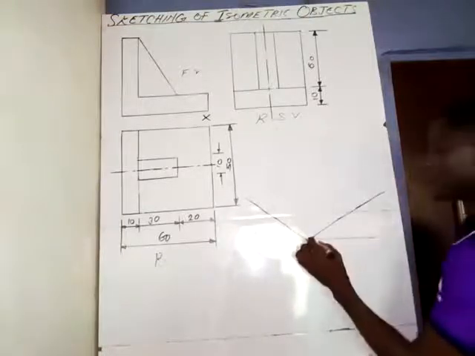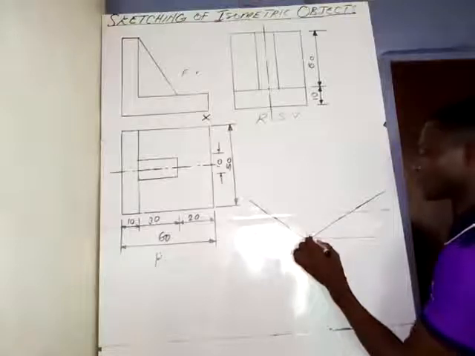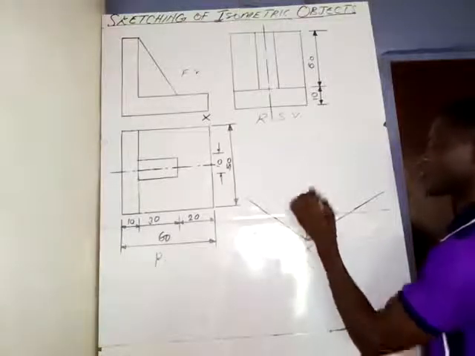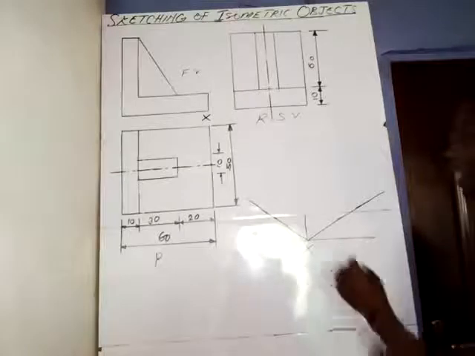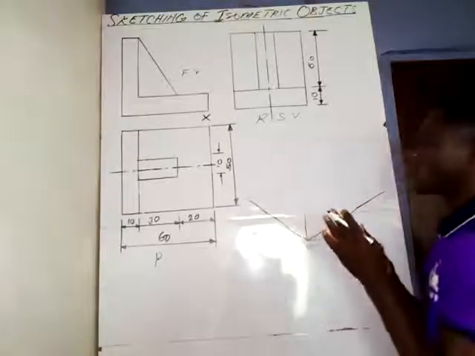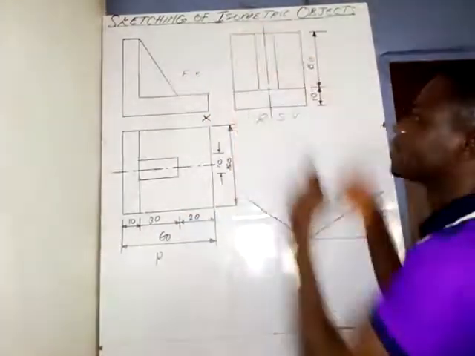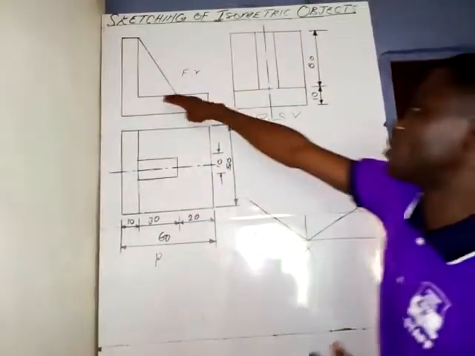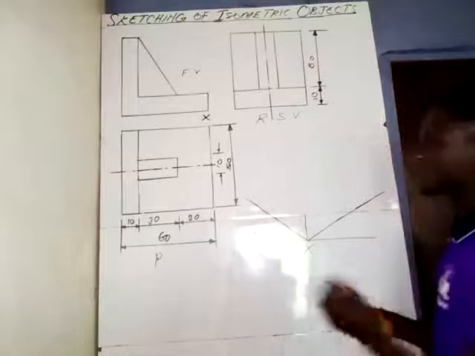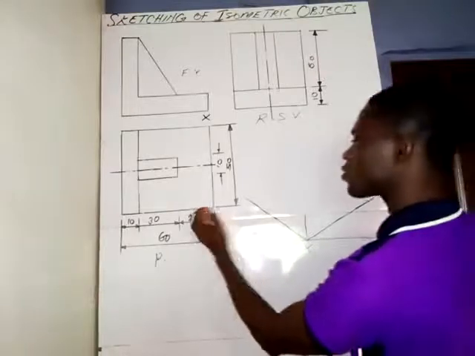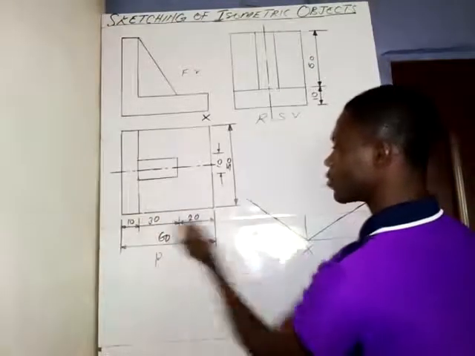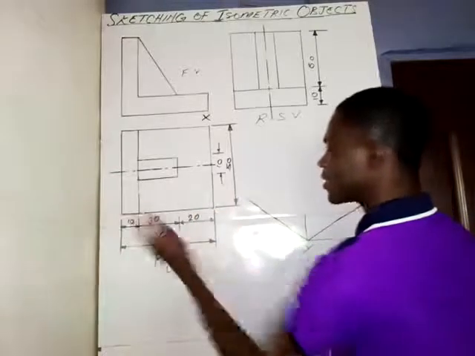The next step is to draw a vertical line, like this. Look at what we have here. We want to produce this base for the front elevation. So let's produce the base. The total distance from here to here is 60 millimeters.